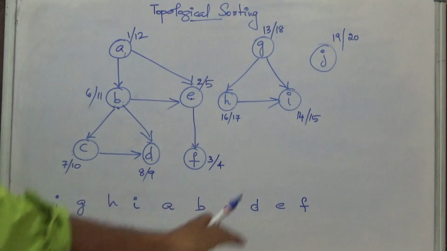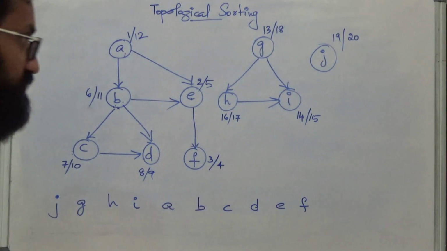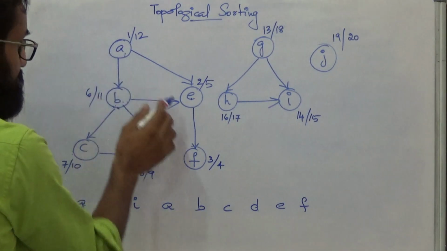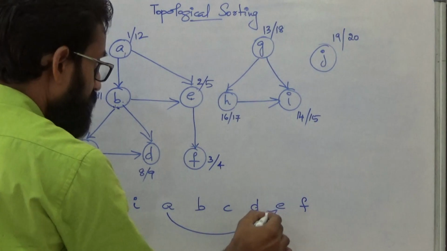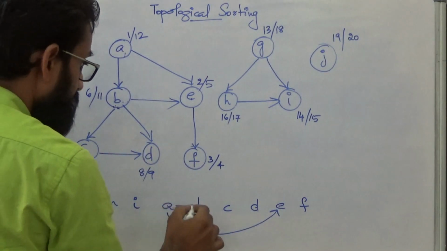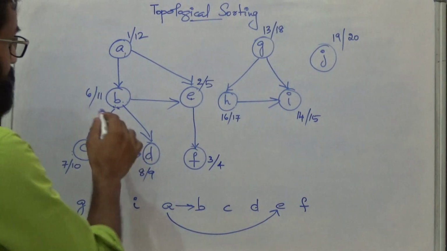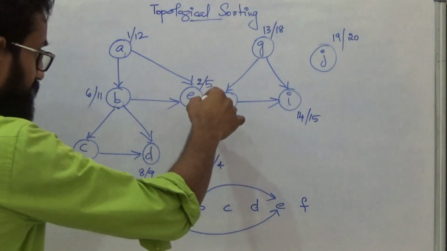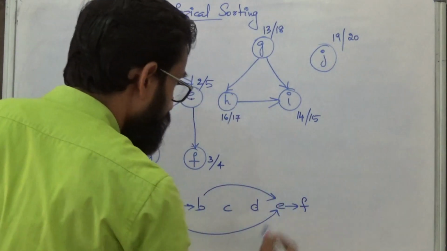So once after constructing the topological sorted sequence, if I place the edge AB, that is from left to right. If I place BE, that is from left to right. If I place EF, that is from left to right.